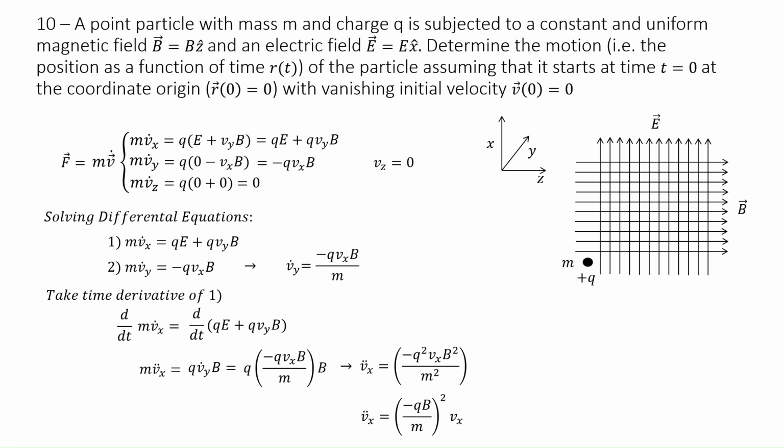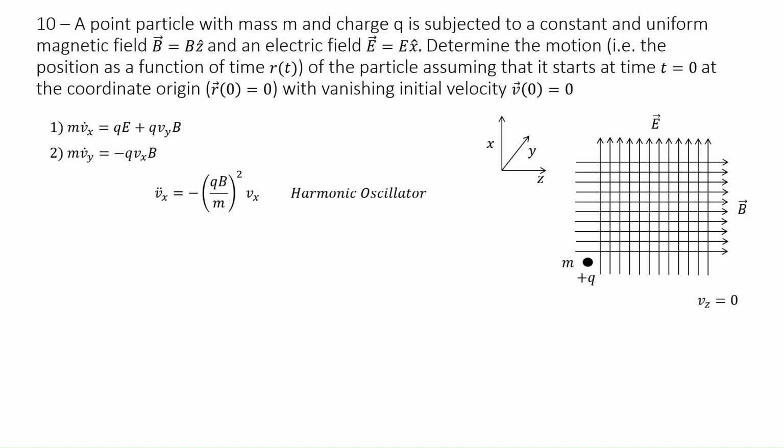So here we have a double time derivative of v on one side and a constant times vx on the other side. This is a harmonic oscillator, and we know how to solve harmonic oscillators. What we have here is a second order differential equation, and the solution looks of the form vx equals alpha cos(omega t plus phi).